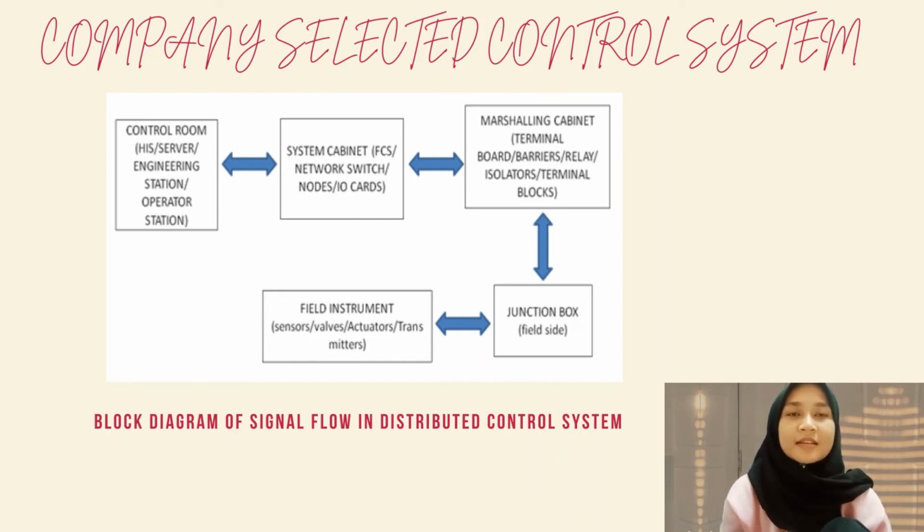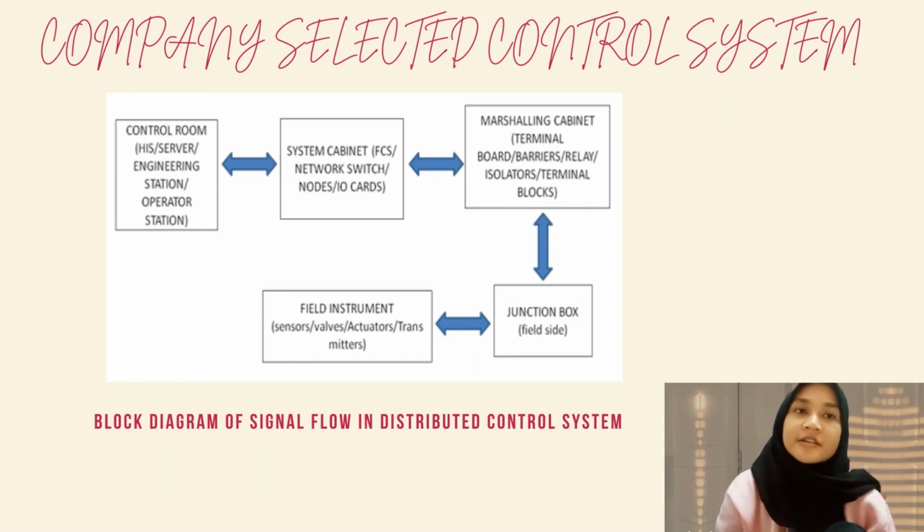Then it will send the signal over prefab cable to the marshalling cabinets. The output will be received. Last but not least, the output signals will continue to travel to the junction box. The junction box will pair the signal and send it to the correct section in the field area.